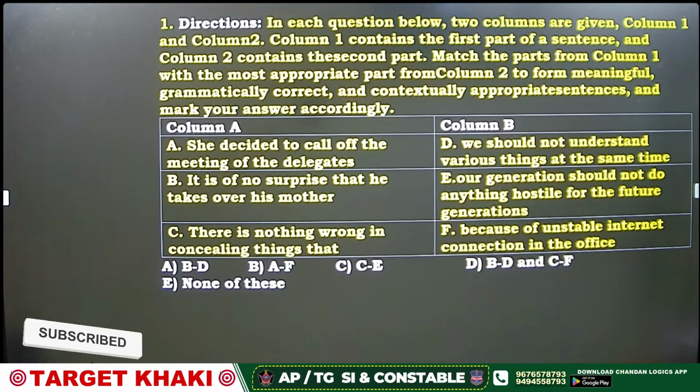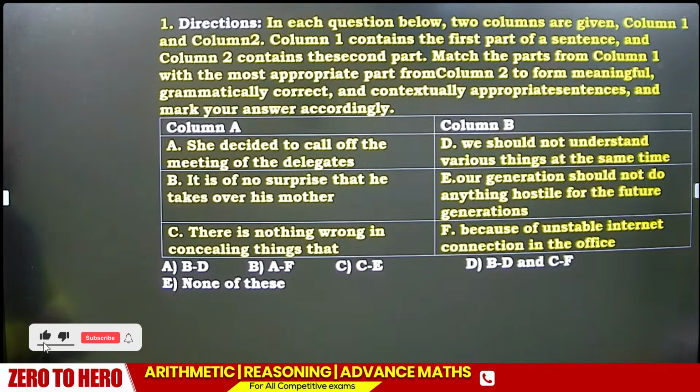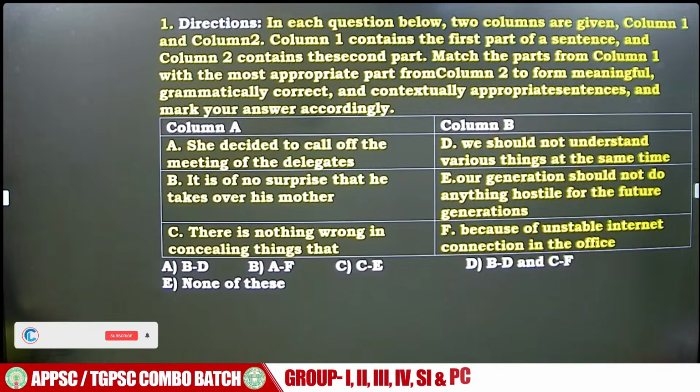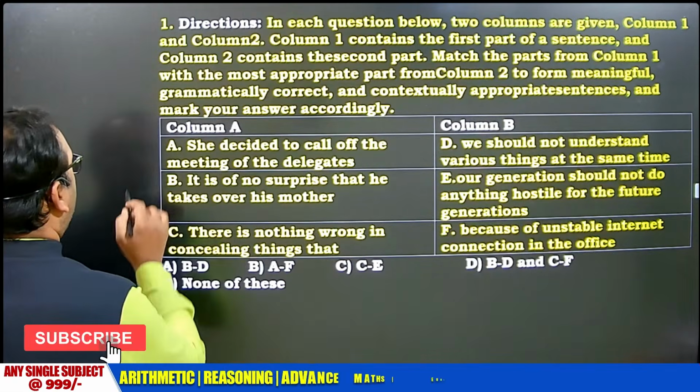No answer yet. You're still reading, and you're reading very slowly. That's for sure. Let me start with the A option.